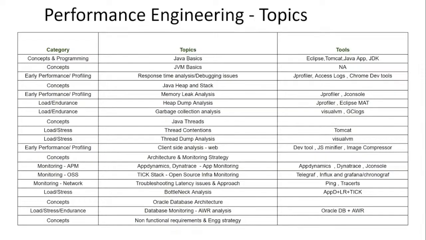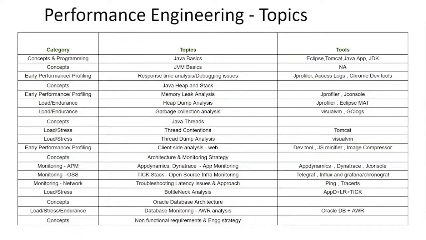Okay, so we'll learn the CPU and memory architecture of Oracle, how to take an AWR report, when to take an AWR report, and what things you will be looking at in the AWR report from an application performance perspective, right? All these things we'll learn from a database angle. And then we'll go into some theoretical concepts of what is a non-functional requirement and how to create an engineering strategy for an agile project.